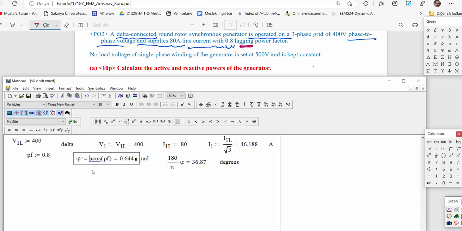Phase angle must be negative. Here in this case, we have just interpreted it from the given operating condition, lagging. Since it is lagging, phase angle must be negative, and we have made the corrections.